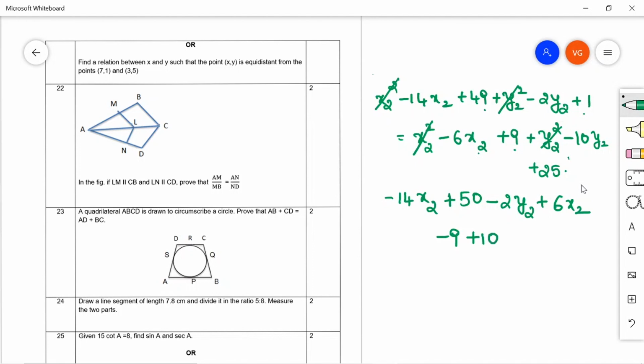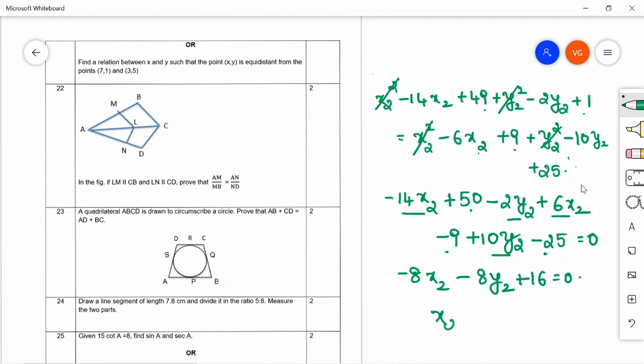Minus 10y2 will be plus 10y2, and minus 25 is equal to 0. So x2 terms are here, that is minus 8x2, then 10y2, and this is minus 8y2. So 50 and minus 25, 25 minus 9, so 16 plus 16 is equal to 0. So this is nothing but x2 minus y2 is nothing but 16 by 8, that you can write as 2. So the relationship between the points x comma y, that you can write as x minus y is equal to 2.